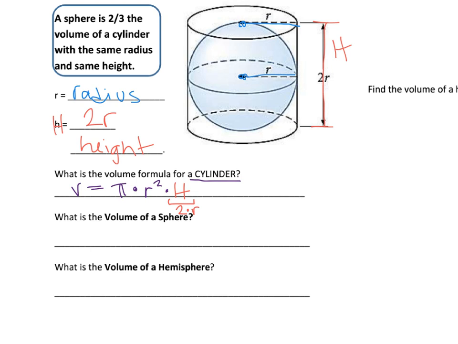To get the volume of a sphere, we're going to do 2/3 times the volume of the cylinder, so pi times the radius squared times the height. But instead of writing H, I'm going to write 2R. Maybe I'll do that in red.